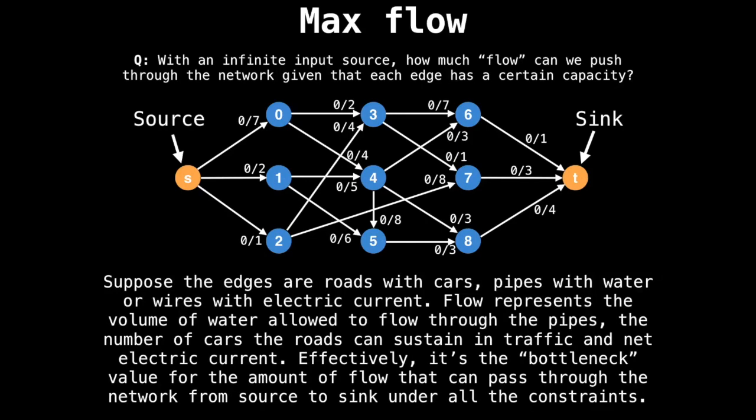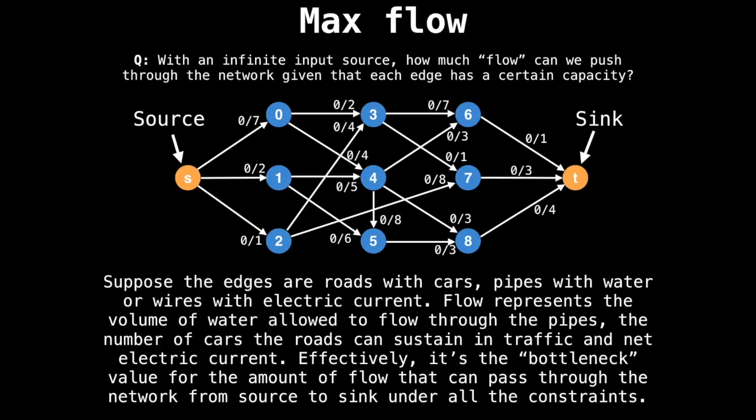Maximum flow can be used in numerous situations where edges and nodes can represent any number of things. For instance, suppose the edges are roads with cars, or pipes with water, wires with electric current, and so on. Each of those has a certain capacity value we can associate with.